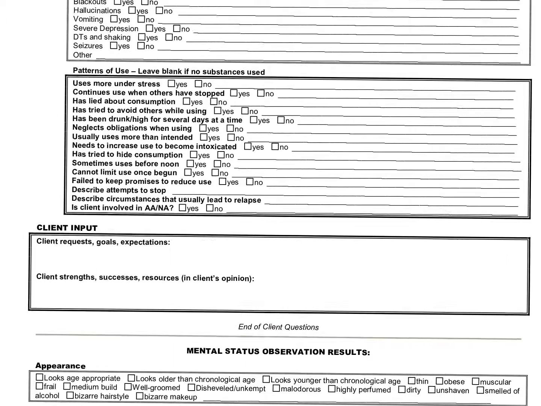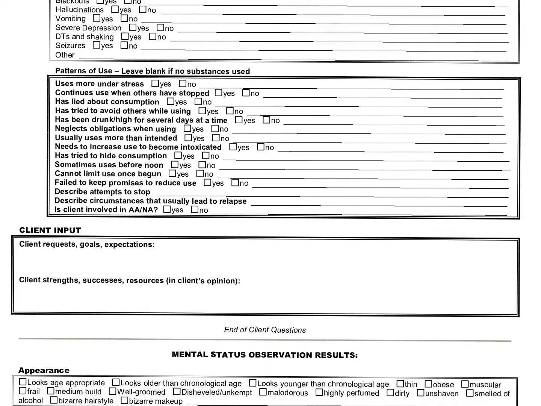Also, tap into patterns of use. Would you say that you use more when you're stressed? Do you use when other people have stopped? Do you keep drinking when other people have stopped drinking? Have you ever lied to anybody about how much you have drunk or used? Do you try to avoid other people or kind of hide when you're drinking or using?